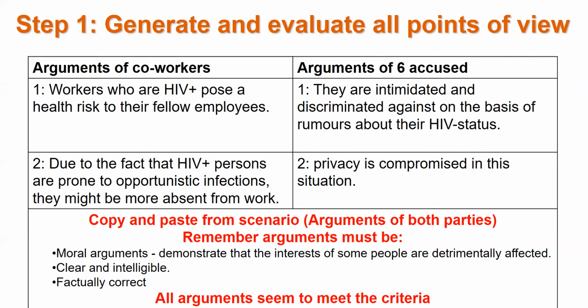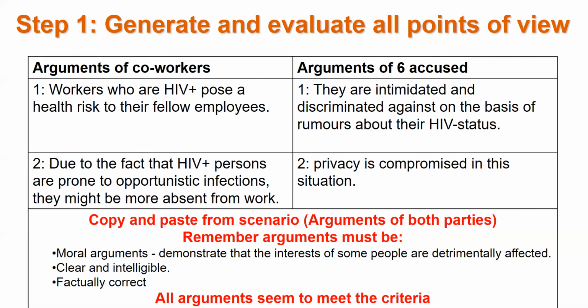And then the argument of the 6 accused, here again, we can see that they're not just focusing on their own motives. They are saying that they are being discriminated against, but it's not just them that's getting discriminated against. It's not just a benefit to themselves. It's not something that's just good for them, but it's good for the rest of the company. They're looking at the greater good of the company.